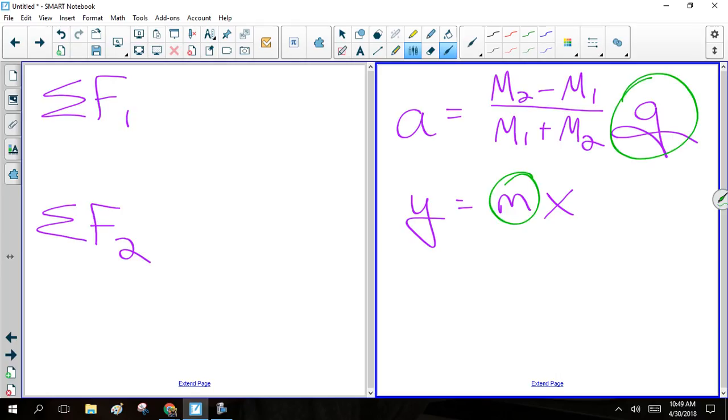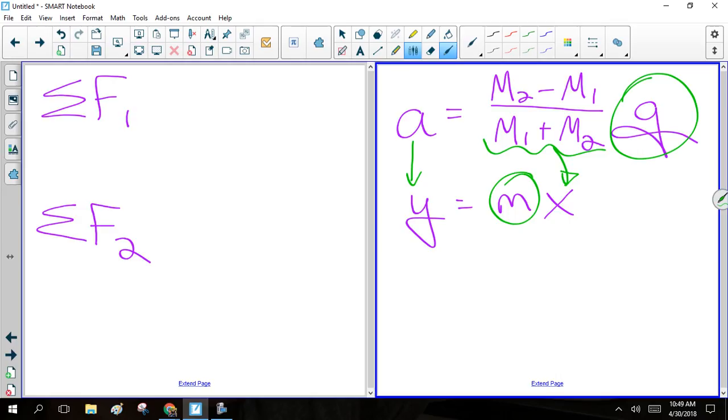So what should I put on my y-axis? M2 minus m1. Oh, wait, no. Y-axis should be acceleration, and then (m2 minus m1) over (m1 plus m2) should be my x-axis, right? There are other ways of doing it, but in my mind, that's the easiest, most direct route.